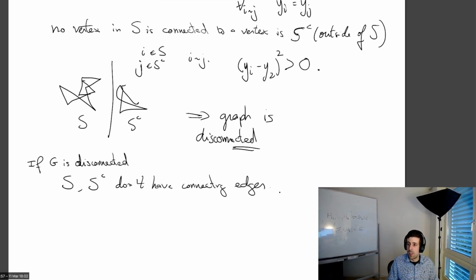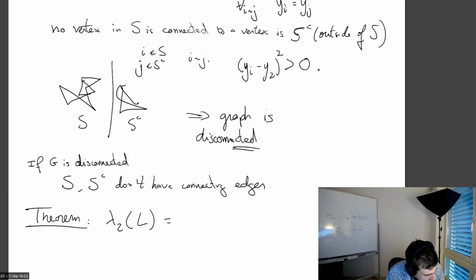Then it's kind of clear that you can pick y to be a number in S and another number in S complement and make it orthogonal. We're going to do this next week. But basically the theorem that is essentially proved already, and I'll do the rest next week, is that lambda 2 of L equals 0 if and only if the graph G is disconnected.